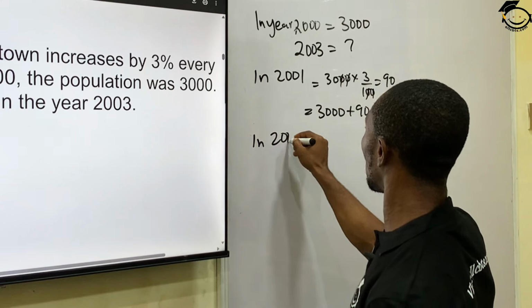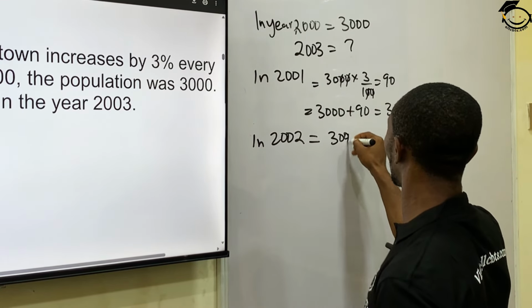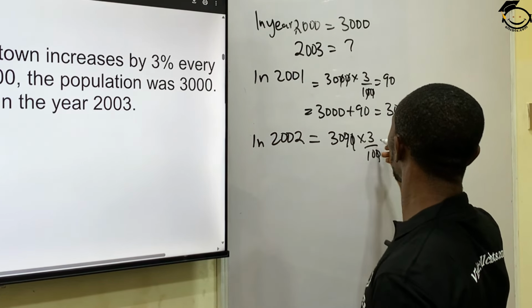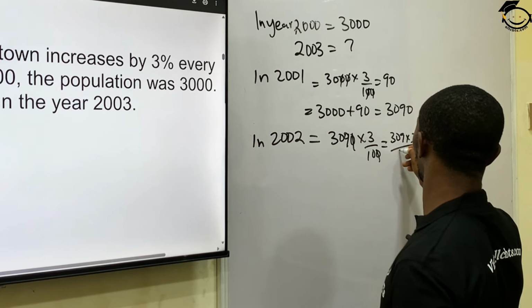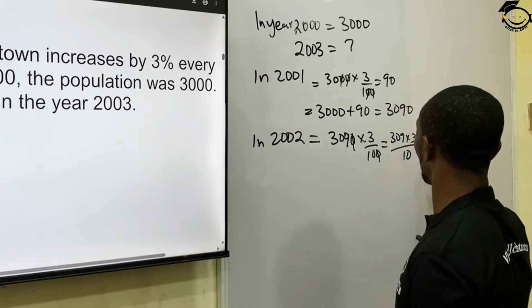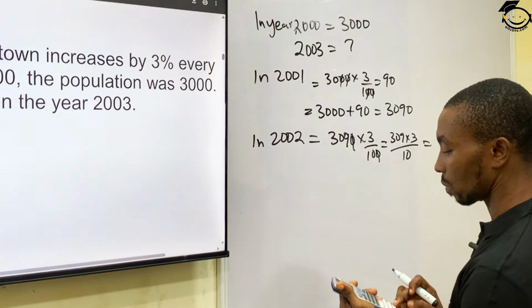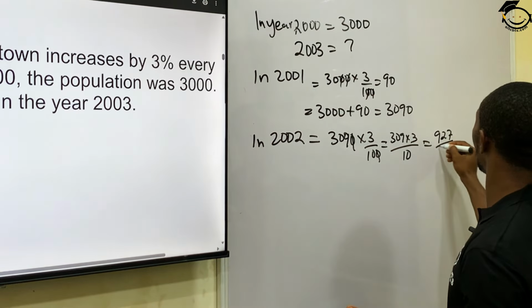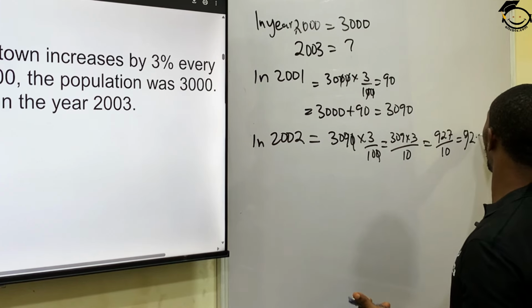In 2002, our population will become 3,090 times 3 over 100. So this becomes 309 times 3 divided by 10, which will give us 927, divided by 10 will give us 92.7.